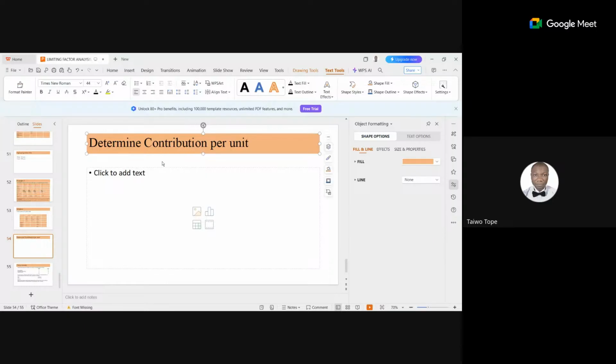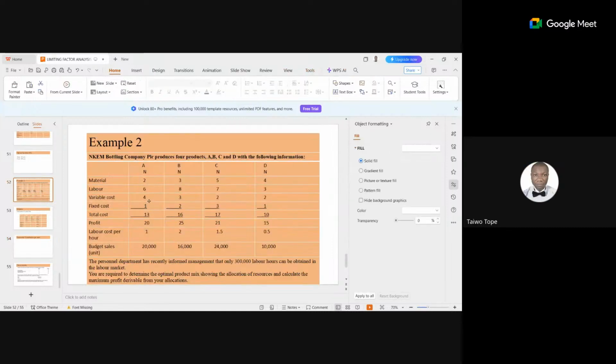In what way can you determine your contribution per unit? Profit plus fixed cost. Look at the question very well. I explained 2 ways of determining contribution. So in what way can you determine your contribution per unit in this regard? Fixed cost plus profit. Fine.